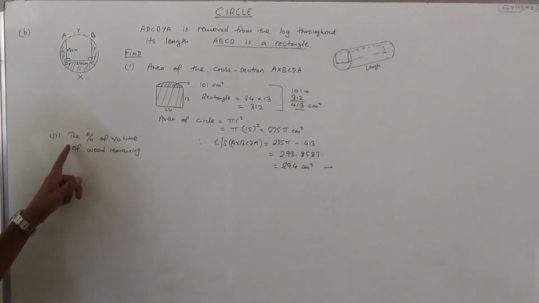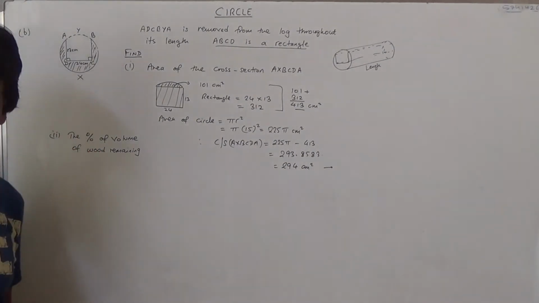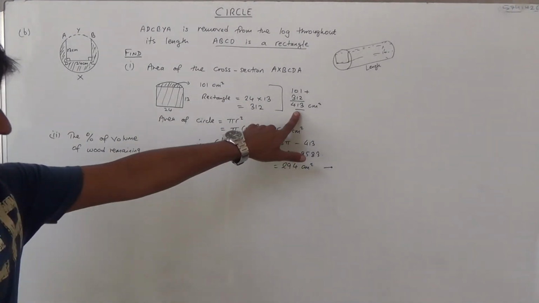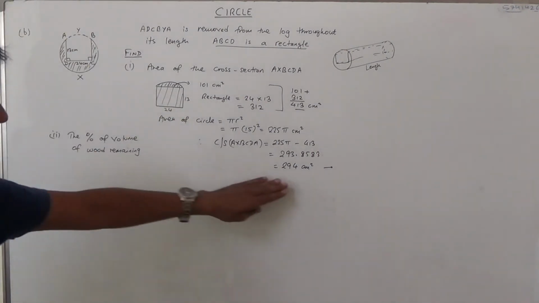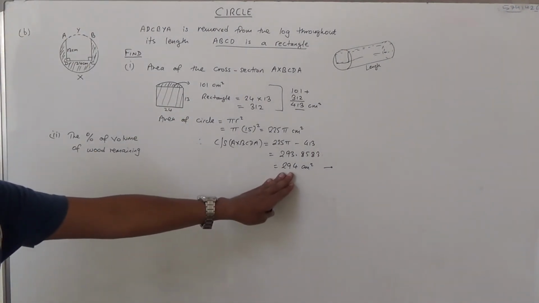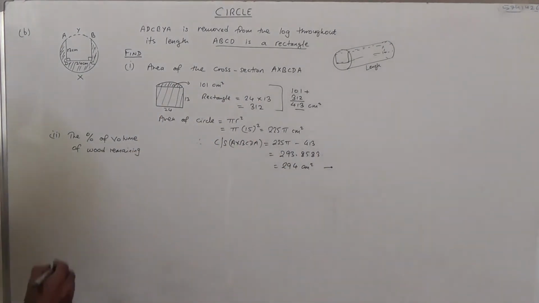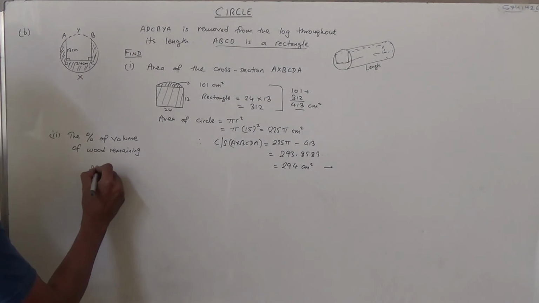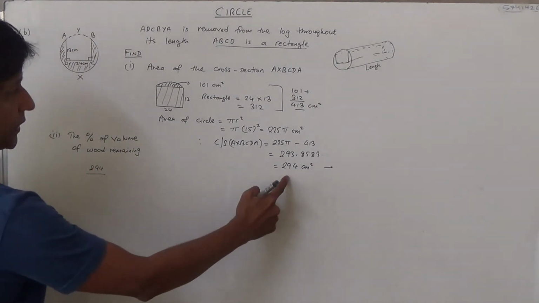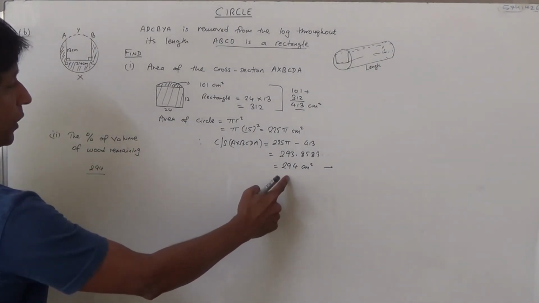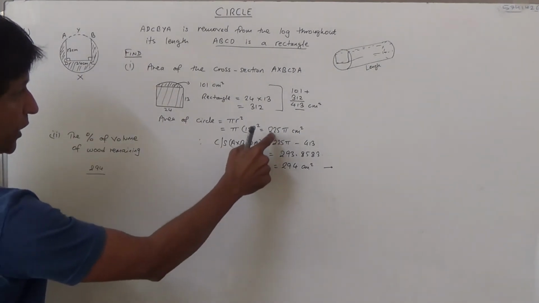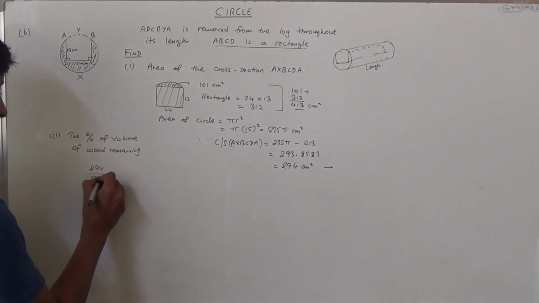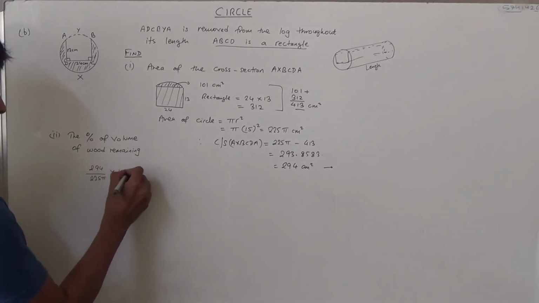Then the percentage of the volume of wood remaining. If you take away this, that is what is remaining, 294, the piece of wood remaining. This is the cross section because that's been removed. So the percentage is going to be equal to 294 divided by the full circle, which is 225 pi, multiplied by 100%.